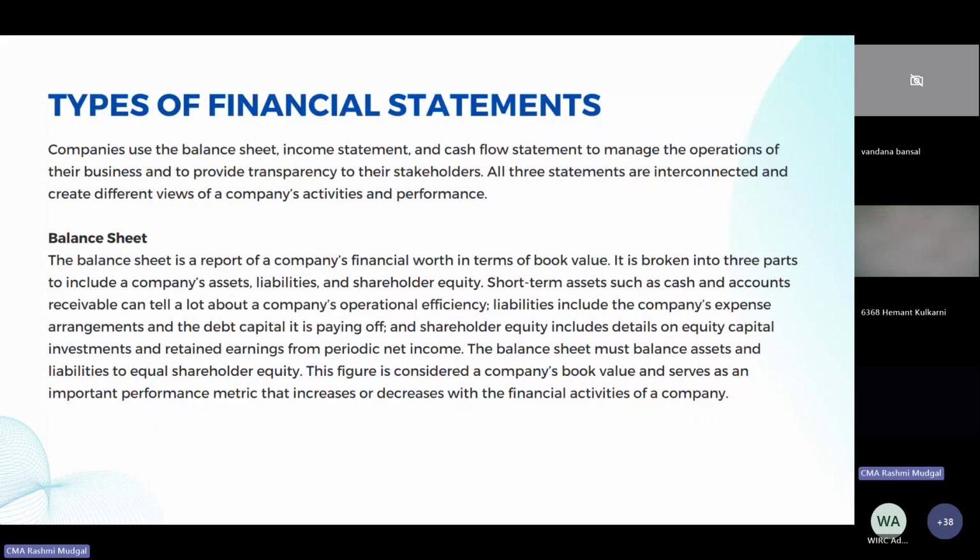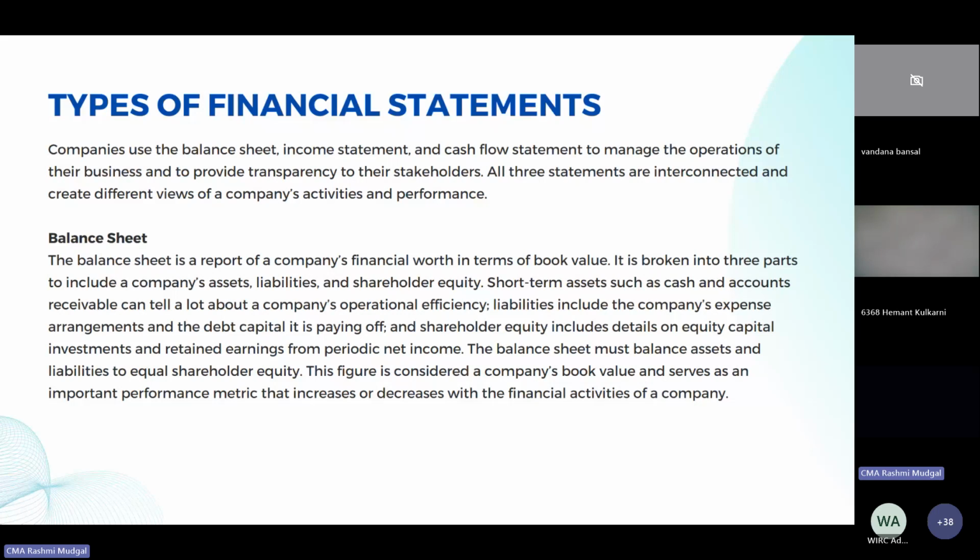The balance sheet must balance: assets must equal liabilities plus shareholders' equity. This figure is considered a company's book value and serves as an important performance metric, and it increases or decreases with the financial activity of the company. So that is the balance sheet.